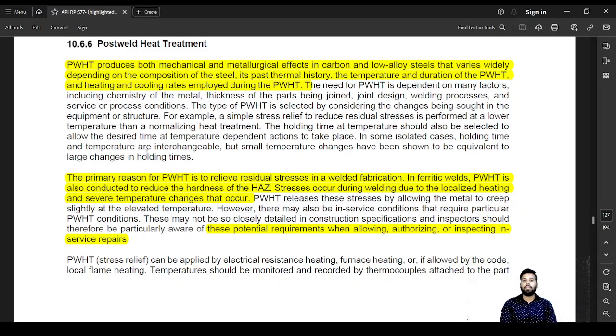However, there may also be in-service conditions that require particular post-weld heat treatment conditions. These may not be closely detailed in the construction specification, and inspectors should therefore be particularly aware of these potential requirements when allowing, authorizing or inspecting in-service repairs. So post-weld heat treatment is generally done to remove hydrogen, to change the grain structure, and to reduce the residual stresses that are developed when the metal cools down.